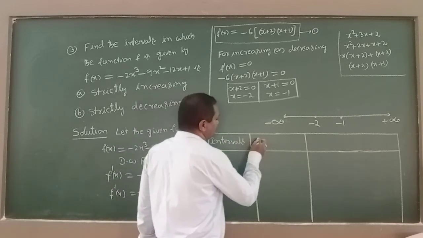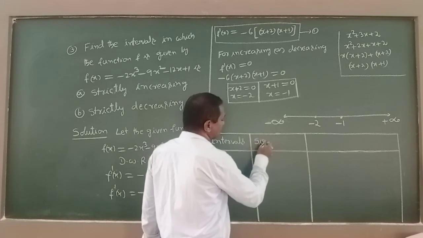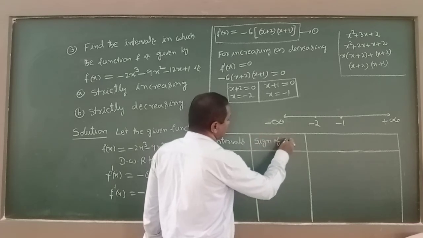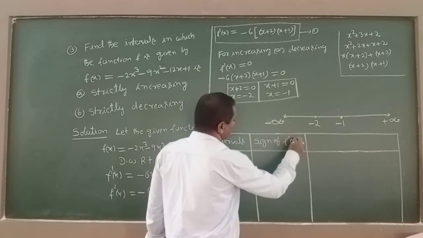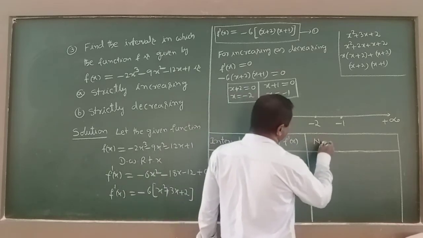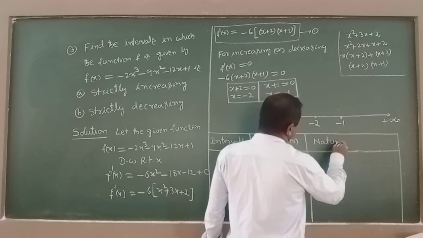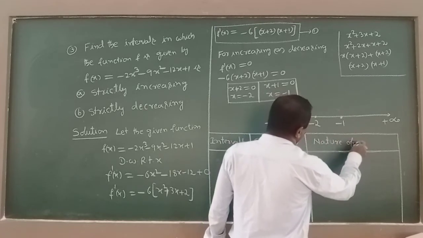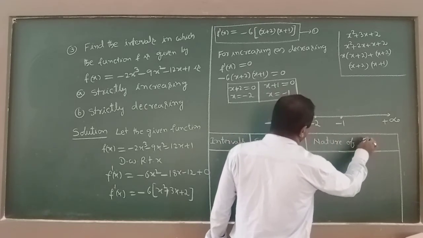Next one is sign of f dash of x. Next one is nature of f of x.